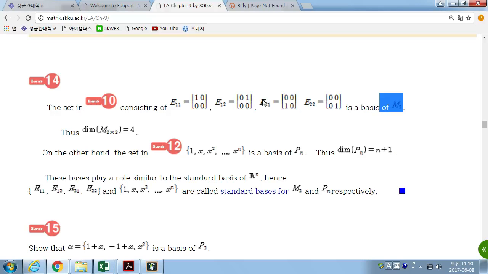So it spans M2. These four vectors are linearly independent and span M2, so it is a basis.